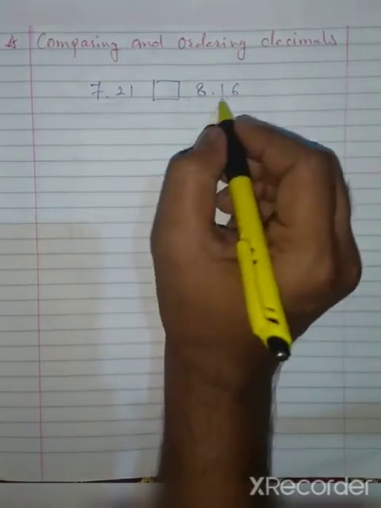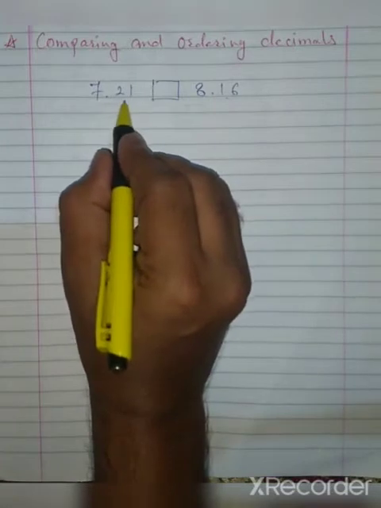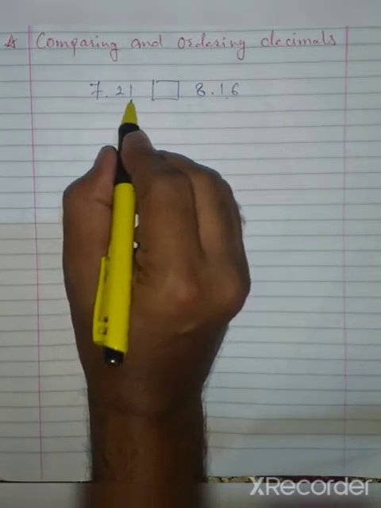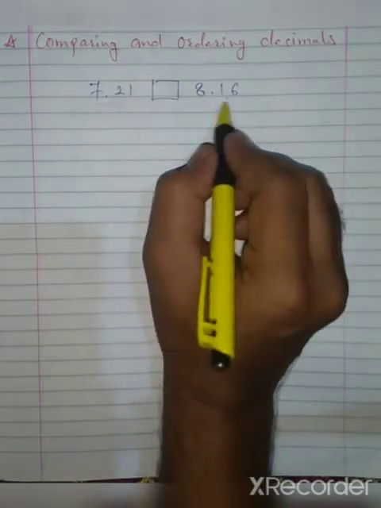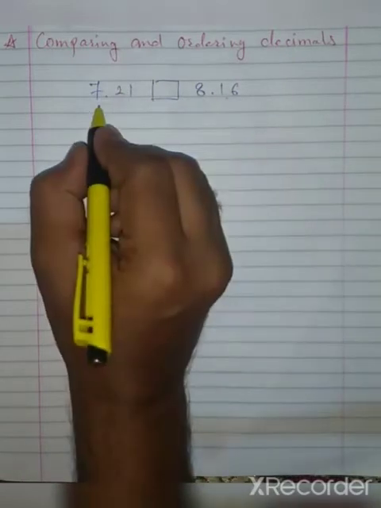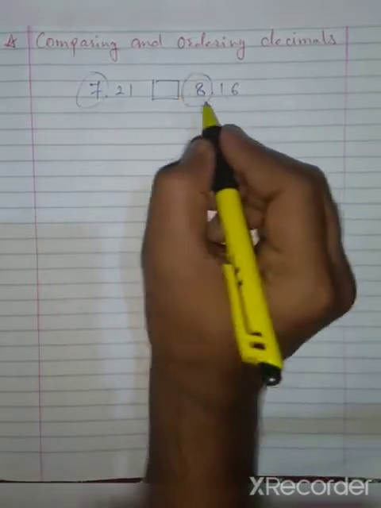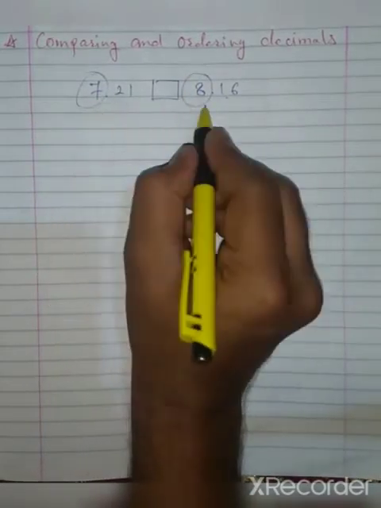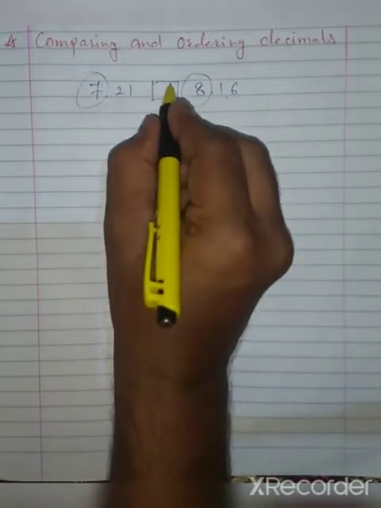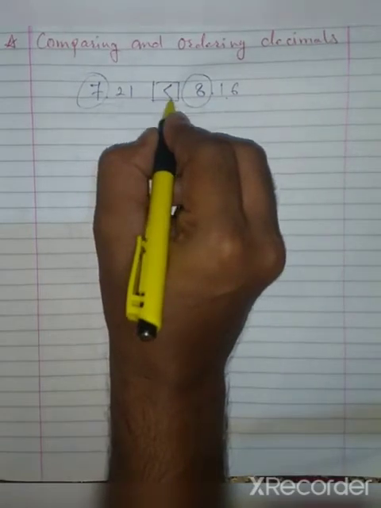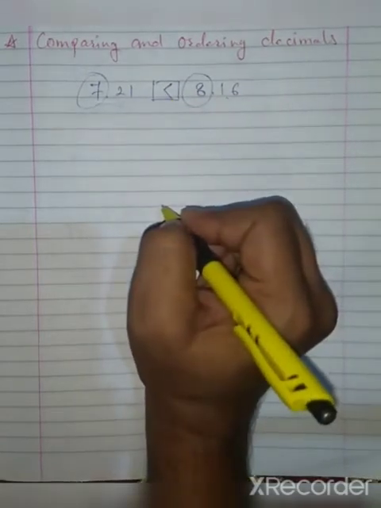To compare, first check the decimal places. Here 2 decimal places, here 2, so both are like decimals. Now first we compare the whole numbers. 4 is less than 8, so directly we can write 4 is less than 8.